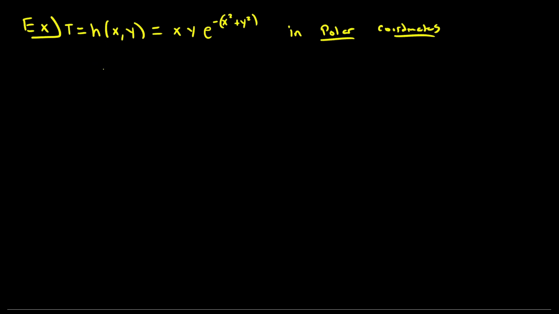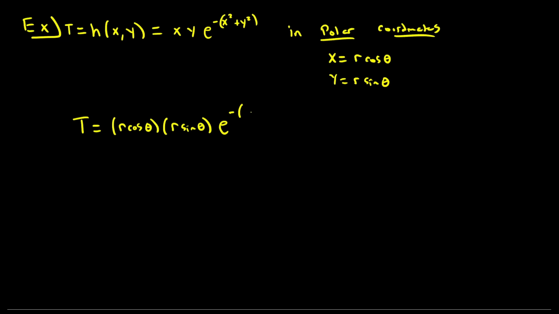But the idea here is that in polar coordinates, where x is r cosine theta and y is r sine theta, we have that this t is going to be r cosine theta times r sine theta times e to the negative r cosine theta squared plus r sine theta squared.